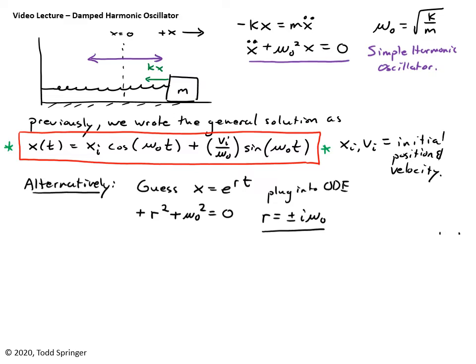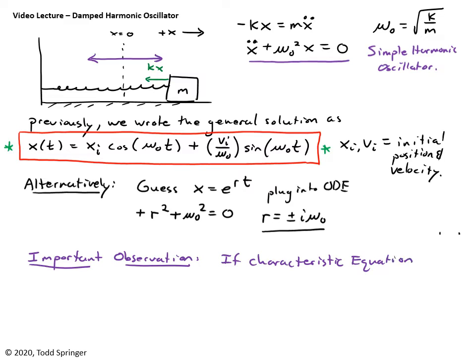So what we've learned is the following thing. If the characteristic equation to the ODE has imaginary solutions, and that was the case that we had here, right?